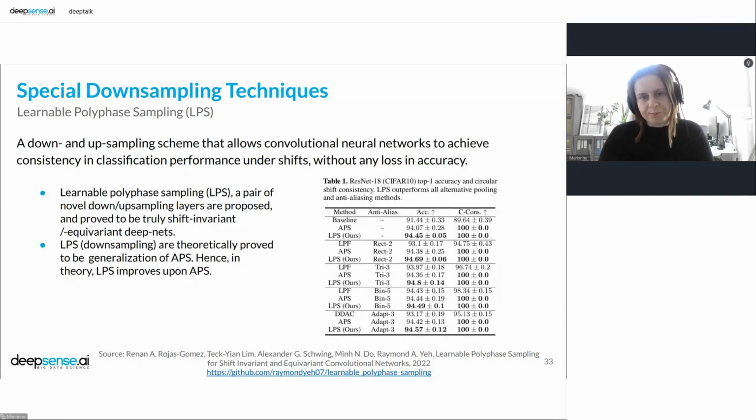Authors of the next paper propose another subsampling technique, and they claim that their technique is a generalization of the APS we talked about before and allows for better accuracy while consistency is still 100%. And the authors, in addition to the downsampling technique, propose upsampling that can be used in encoder-decoder architectures like in segmentation.